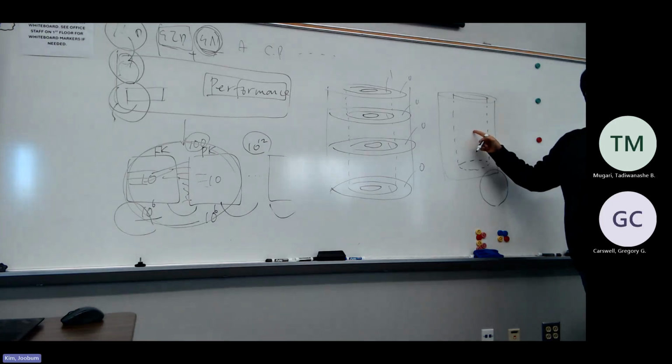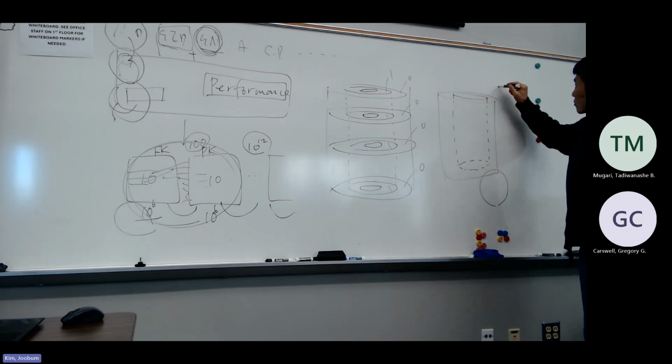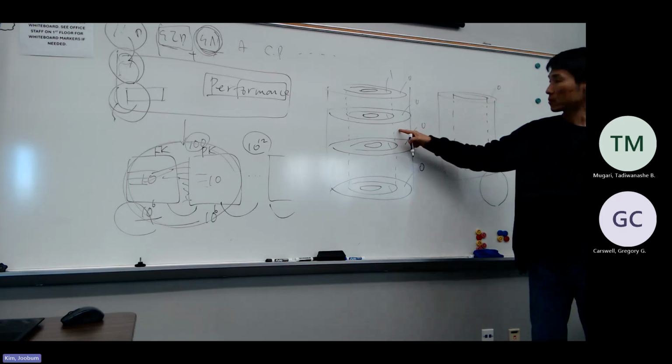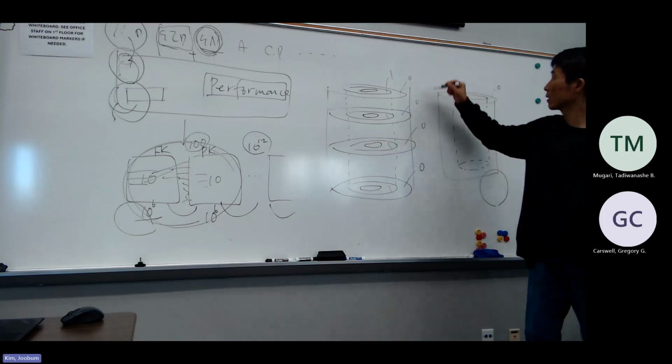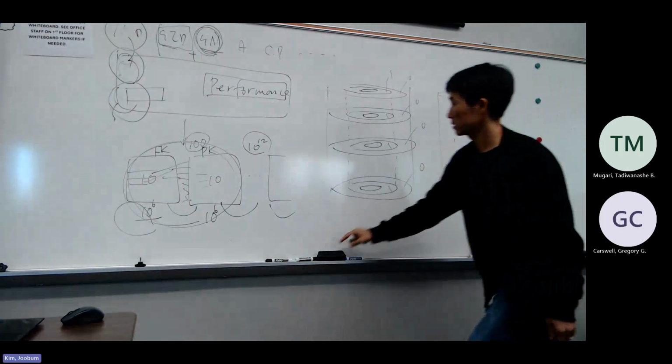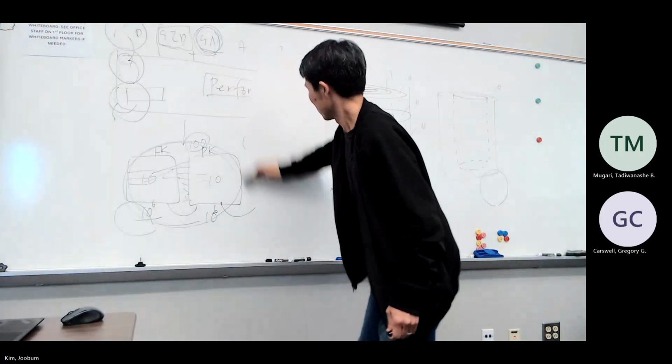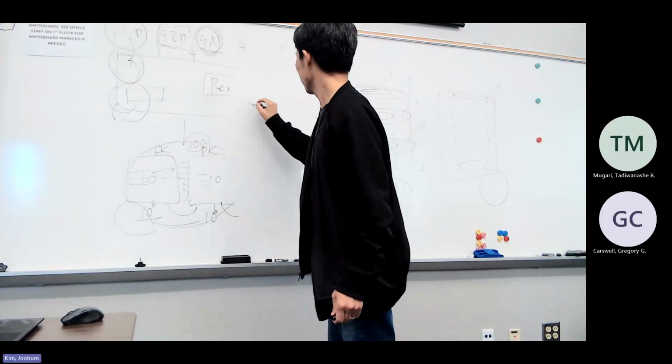You can have this kind of cylinder shape. That is track 0. And there's another cylinder with track 1, a little bit smaller.